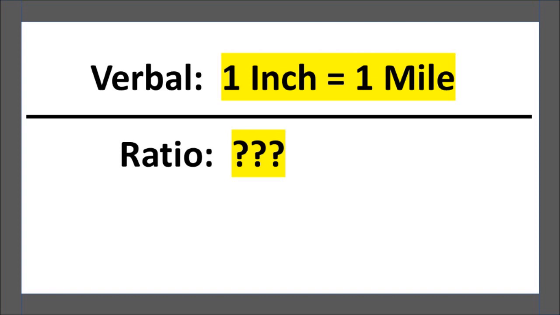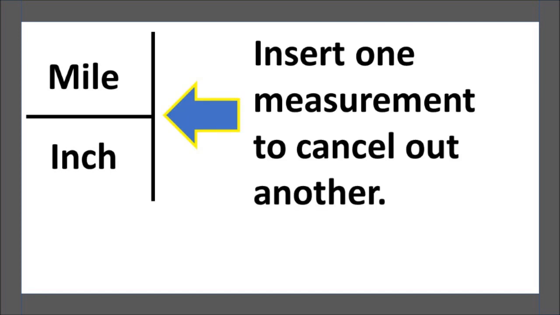We'll begin with verbal scale. We have 1 inch equals 1 mile, and that converts into what? We begin by setting up our problem. We put our miles on top, our inches just below it, and what we're going to do is insert one measurement to cancel out another measurement.